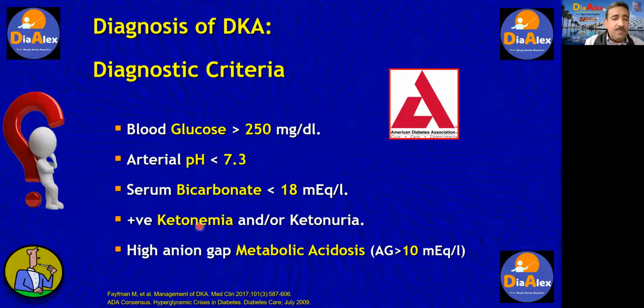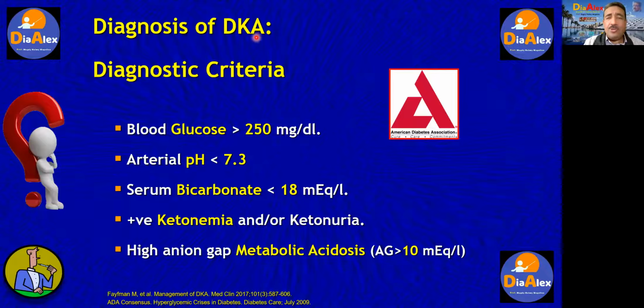It's better to rely on serum ketones, yet it's not available in many labs and it's not available in our everyday practice. So we go to the urinary strips and measure ketonuria, but definitely measuring blood ketones is more accurate than measuring urinary ketones, and we are going to touch on this right now.